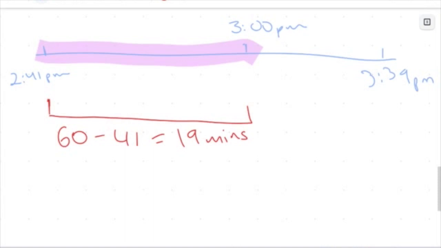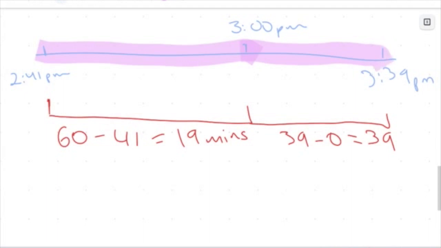And then from 3 o'clock to 3:39, I can just go, well, 39 minutes minus 0 to find the time interval between here and here. And that just gives me 39. You don't have to do this whole step for the end. If you can just count up 39 from 3 p.m., it'll give you 39 minutes too.